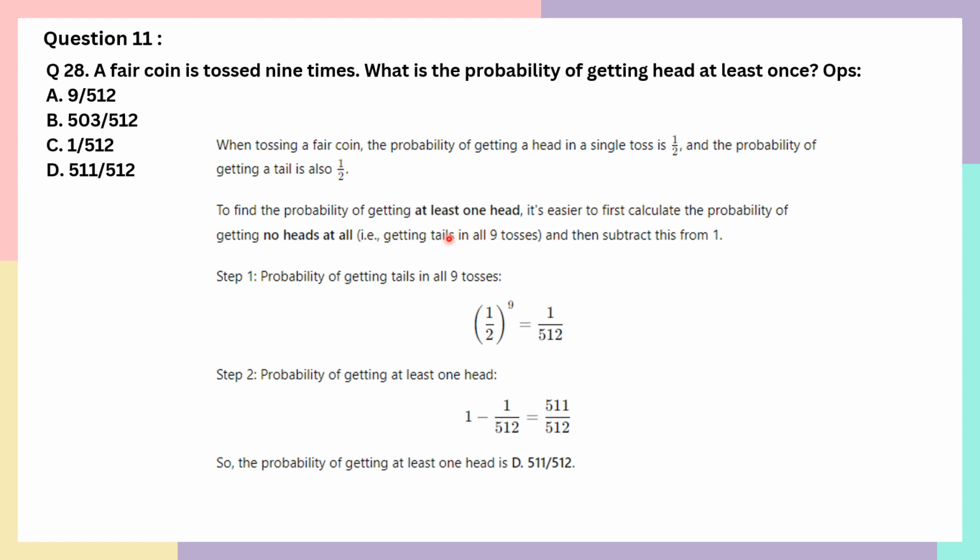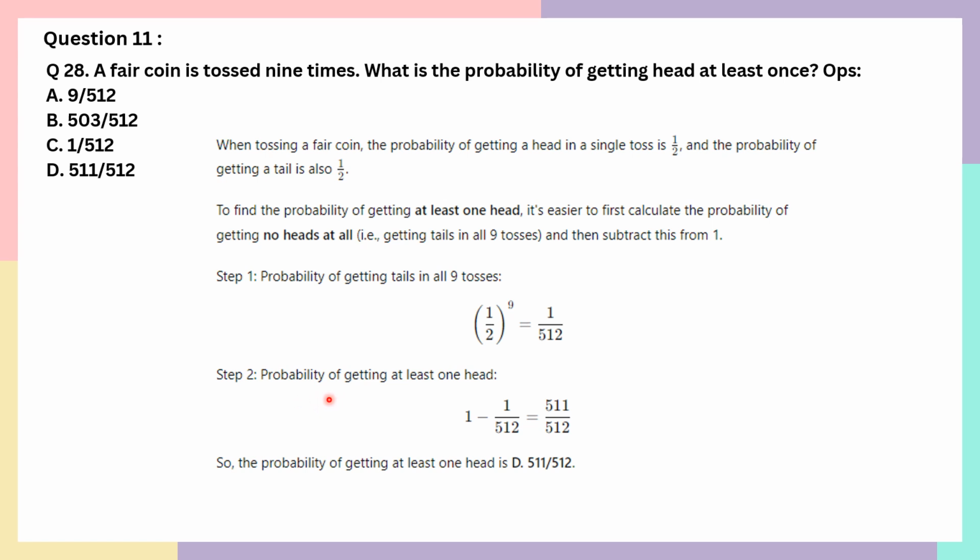To find the probability of getting at least one head, it's easier to calculate the probability of getting no head at all, that is, getting tails in all 9 tosses, and then subtract it from 1. So the probability of getting tails in all 9 tosses is (1 by 2) to the power 9, which is equal to 1 by 512.